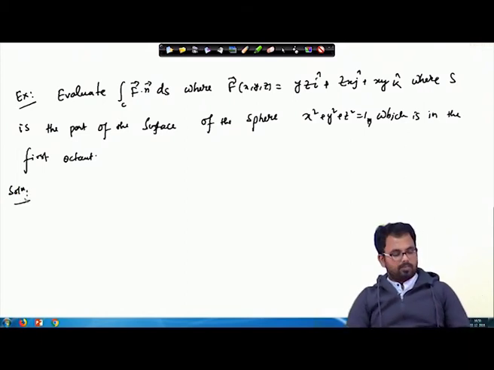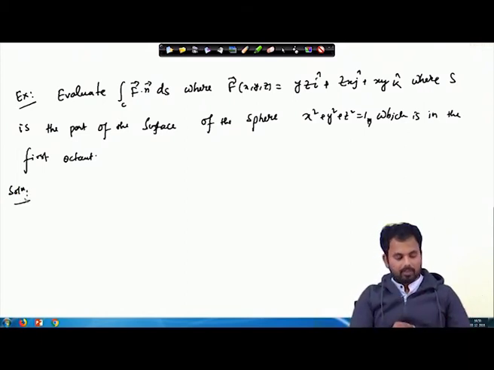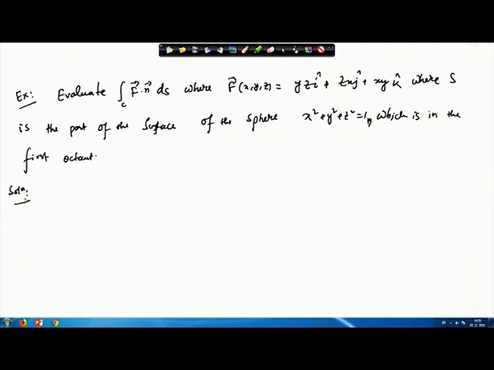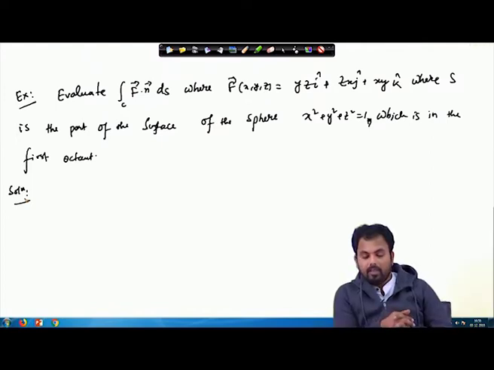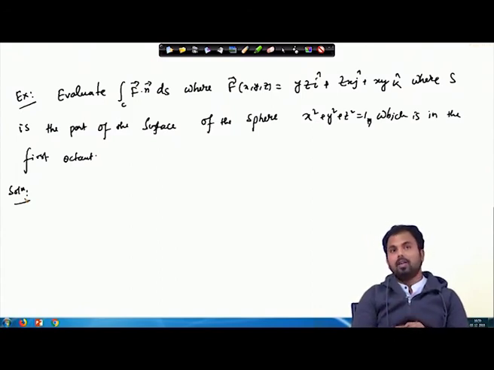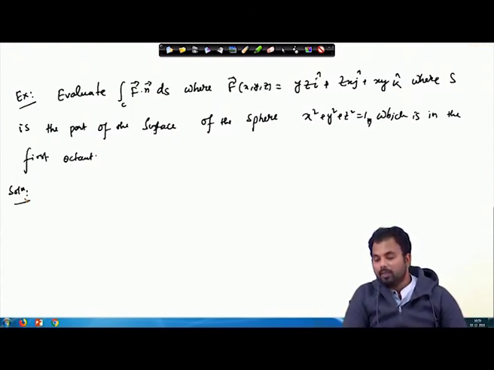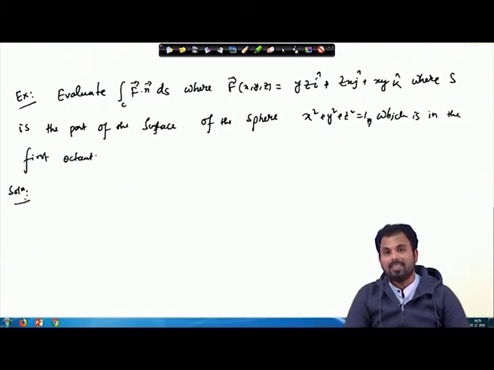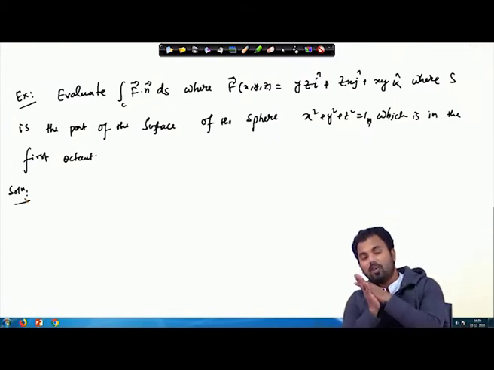So, here in this example, we have a given vector function f, and we have to calculate the surface integral of f dot n dS, and the surface on which we have to integrate is given by x square plus y square plus z square equals 1. However, there is a small catch: we just have to consider the surface that is in the first octant.